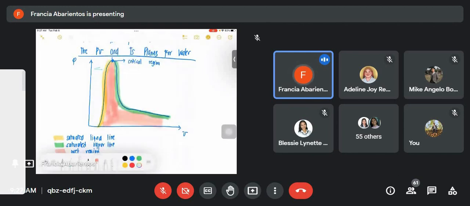So, dito class, this is the subcold liquid, or compressed liquid. So I hope everyone may notebook sa termo 2. Okay? So that is subcold.